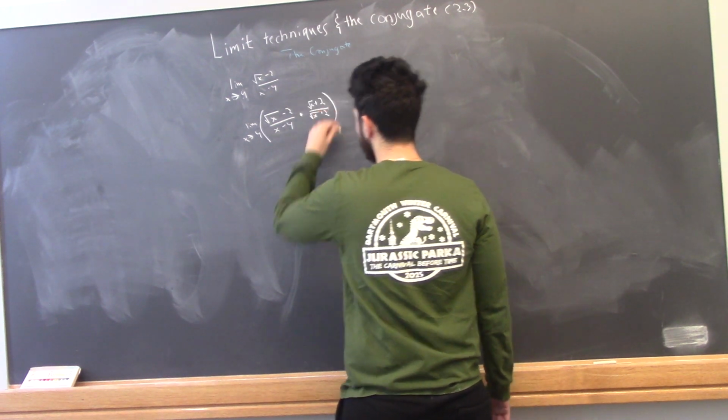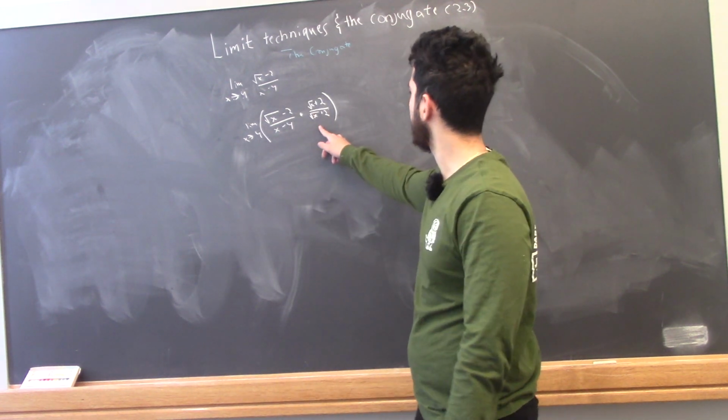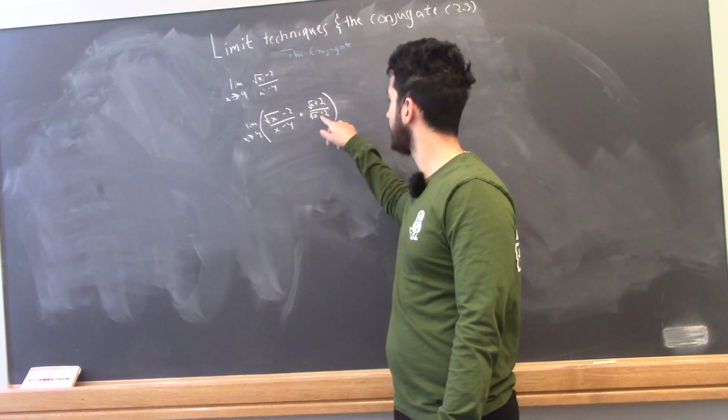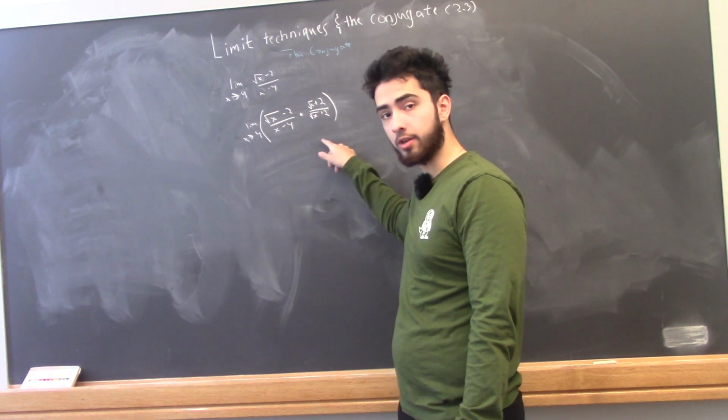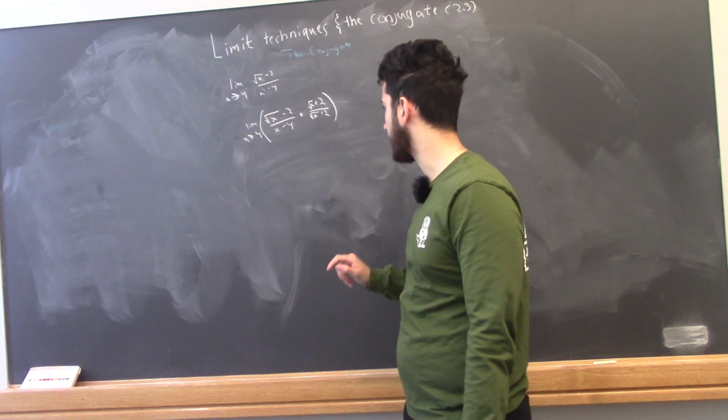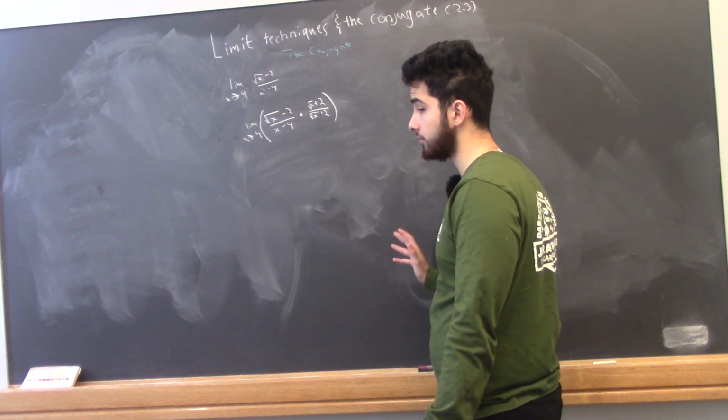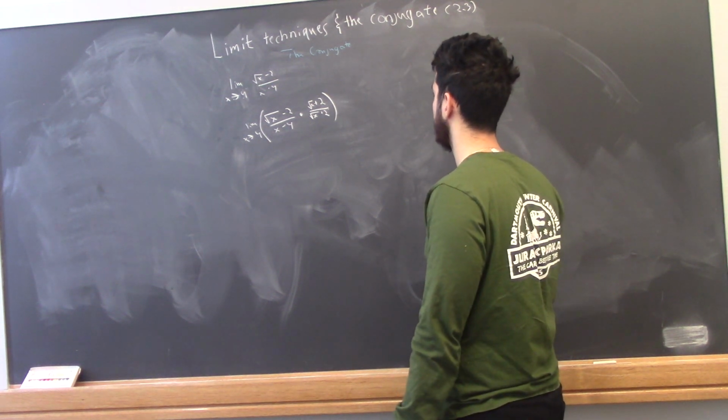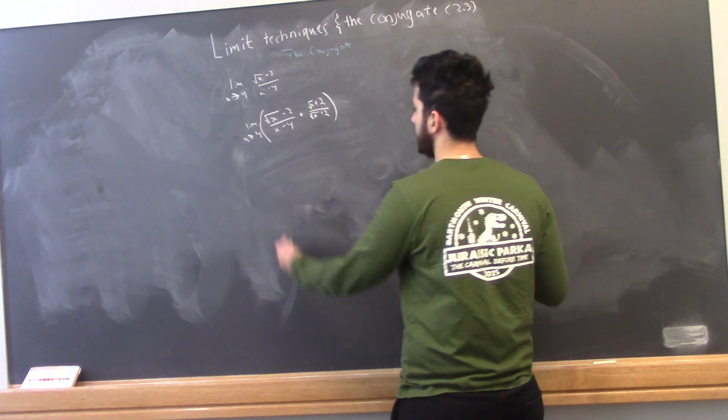Because technically, this is equal to 1. So we're multiplying by 1, which does not change the limit. It changes how the limit looks, but not how it behaves.